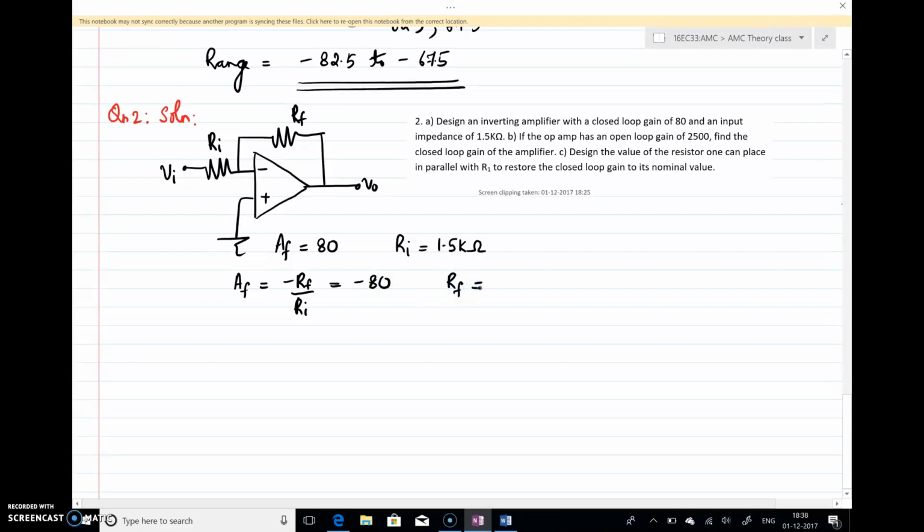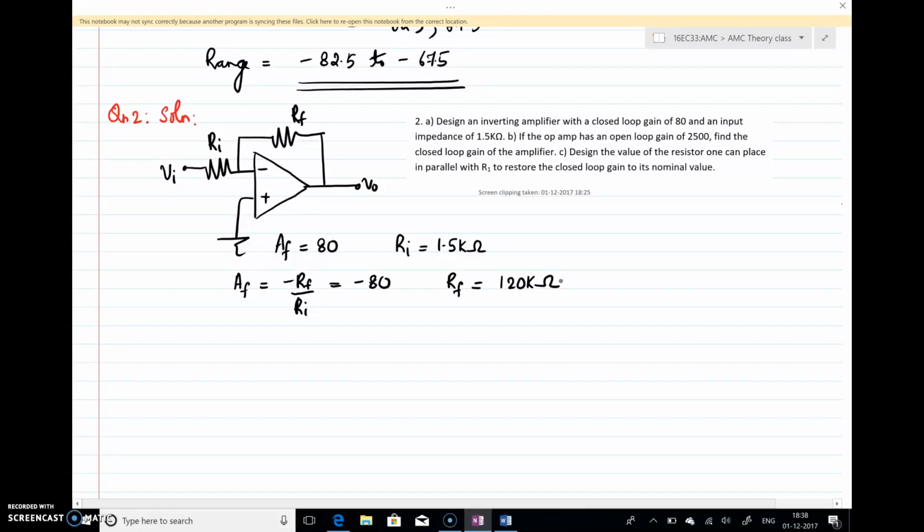The value of RF, if you solve it, is 80 into 1.5, which is 120 kilo.